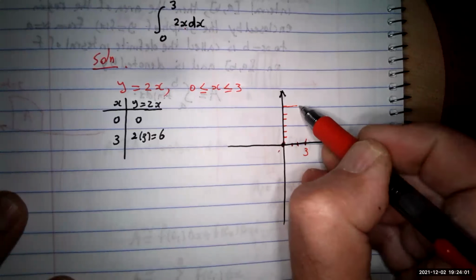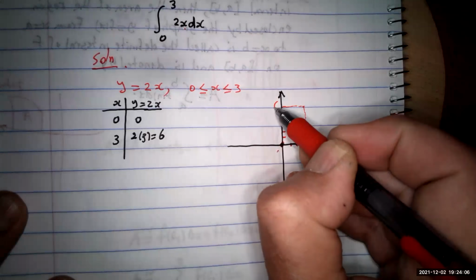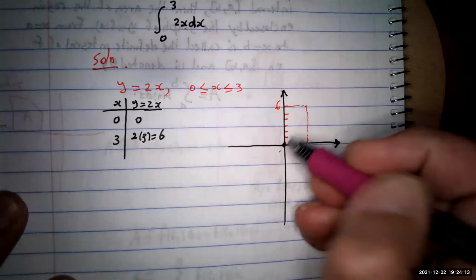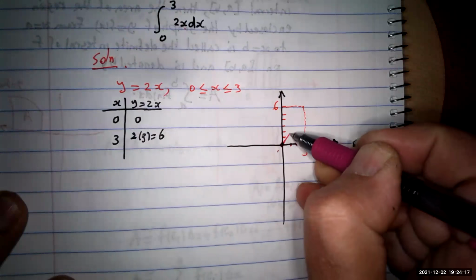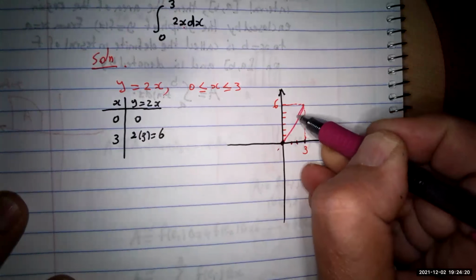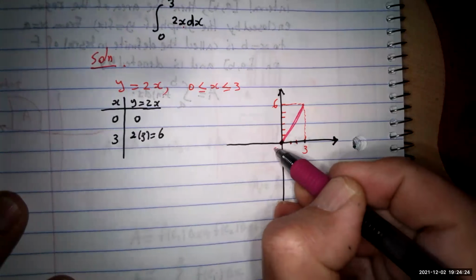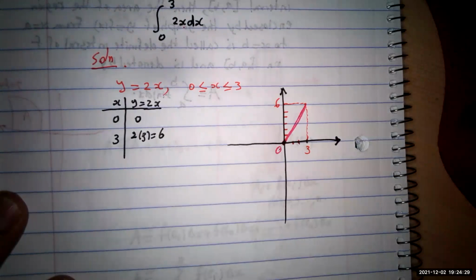If you connect them together, let's see what type of shape we are going to have. This is going to be the graph, a straight line. This is 0, this is 3. So this area is the one that you are going to be interested in.